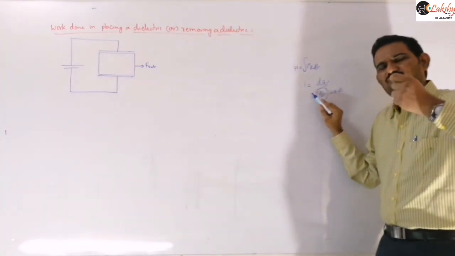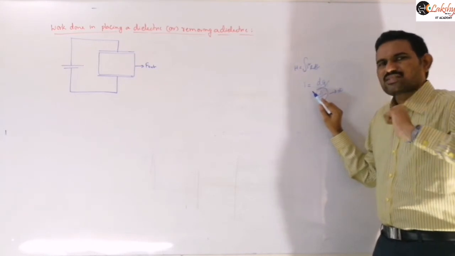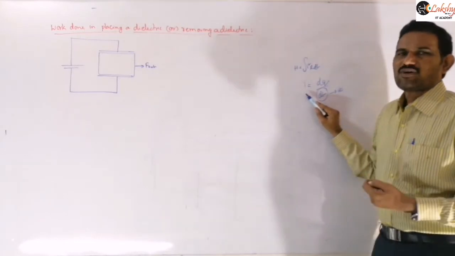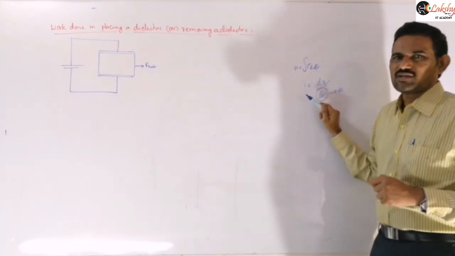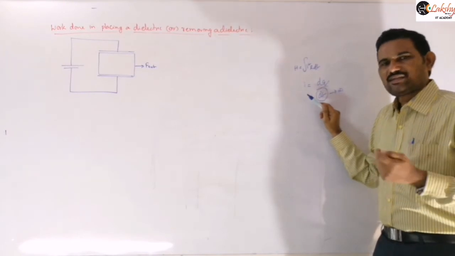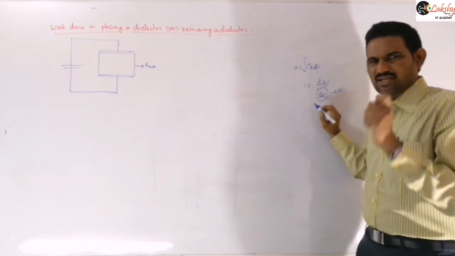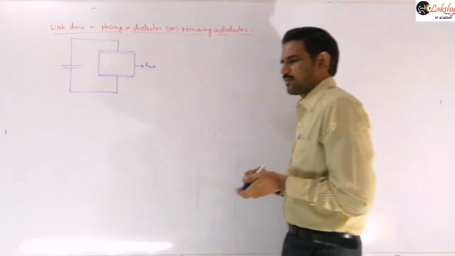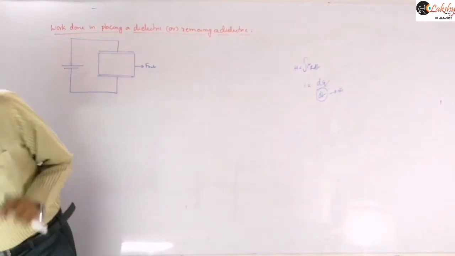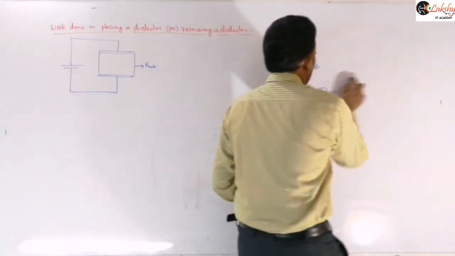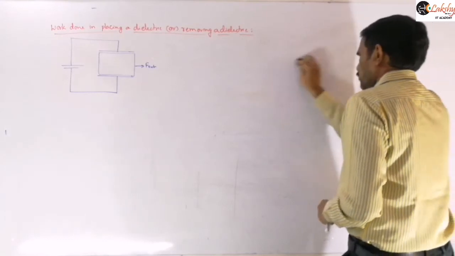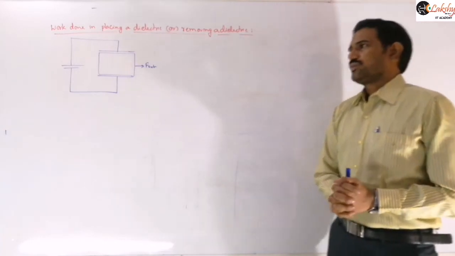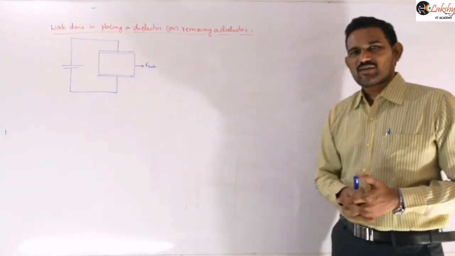The charge flows through the circuit very slowly, so I tends to 0, and when I tends to 0, the H value also tends to 0. That means some heat may be produced, but it is negligibly small, so we don't consider such heat calculations here. Whenever it is mentioned that the dielectric is displaced slowly, inserted slowly or removed slowly, in such problems we need to neglect the heat calculations.